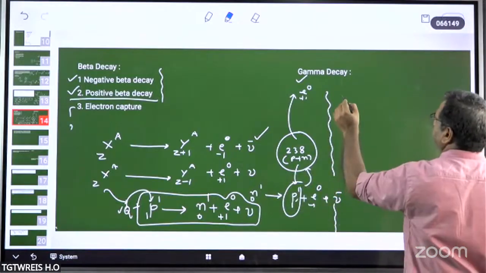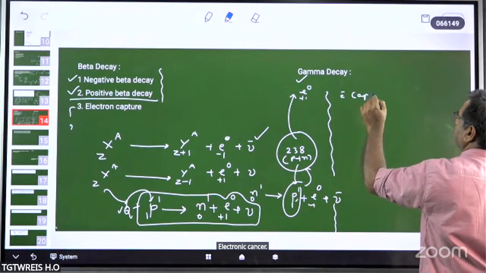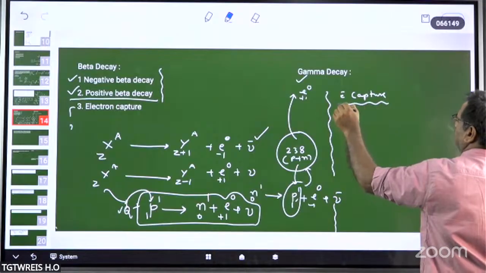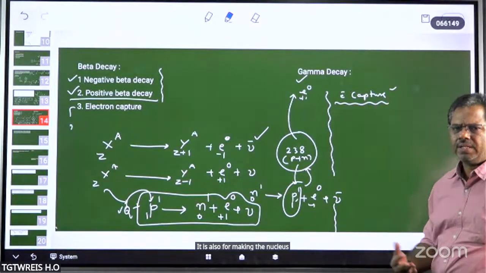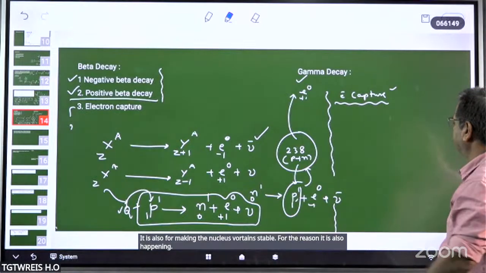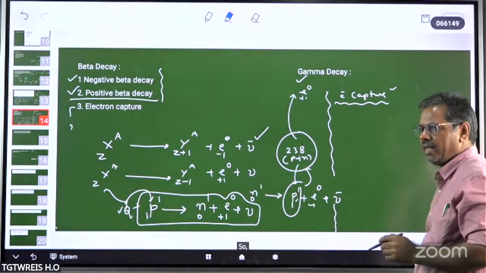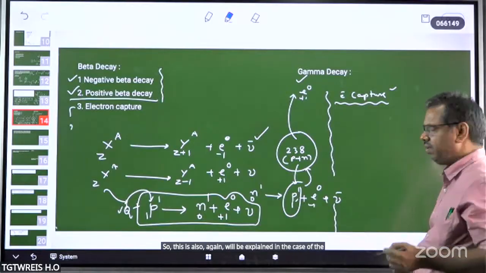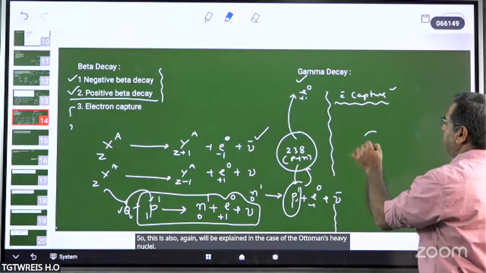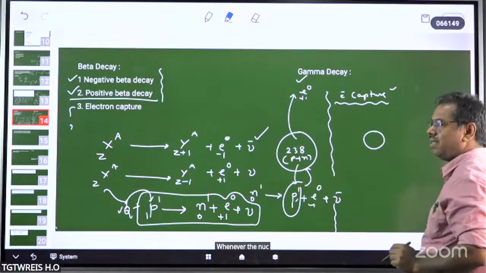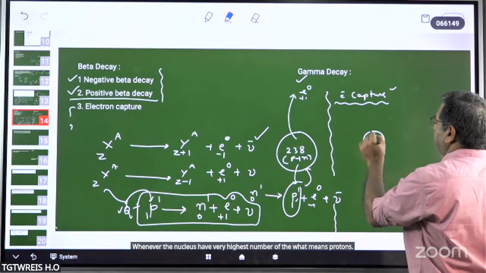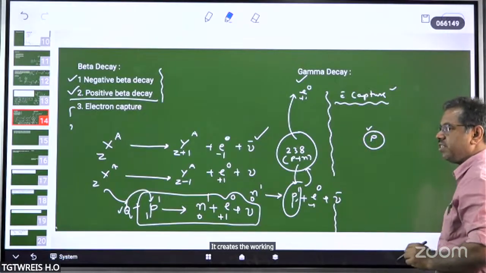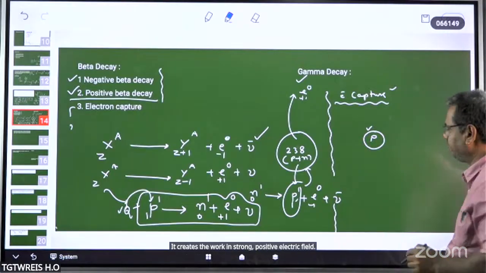Electron capture. It is also for making the nucleus stable. For that reason only it is also happening. So this again takes place in the case of heavy nuclei. Whenever the nucleus has a very high number of protons, it creates a strong positive electric field.